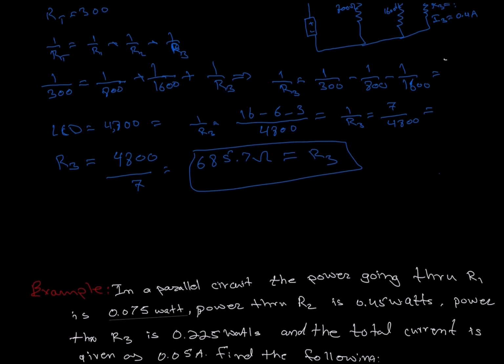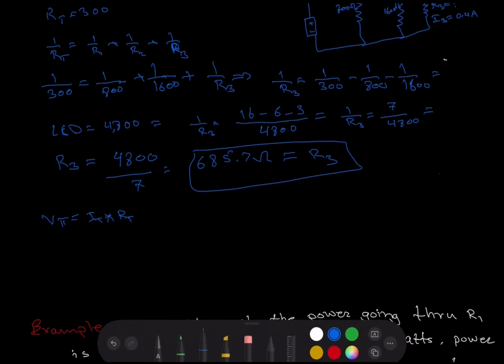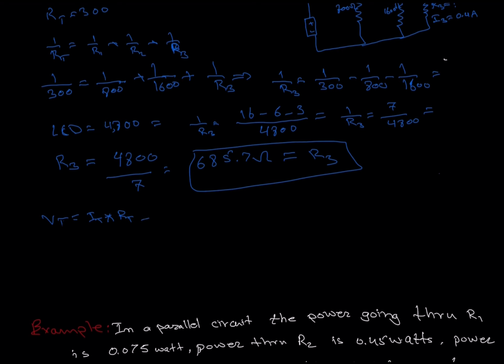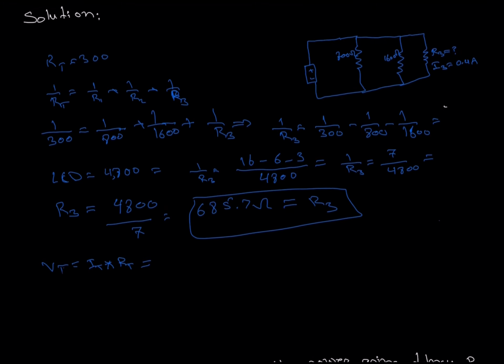Now to find VT, it is equal to IT times RT. Since we don't have IT there, we have to find IT now.